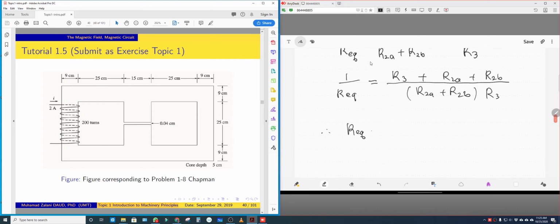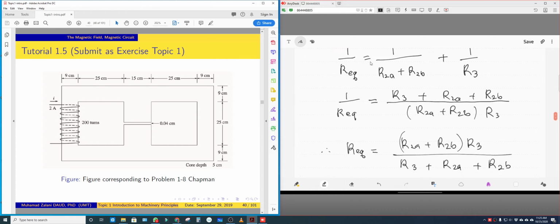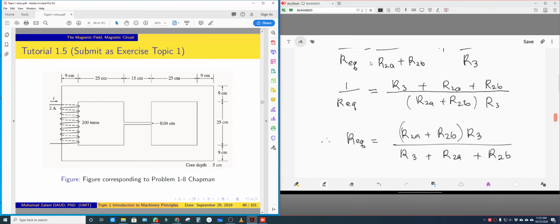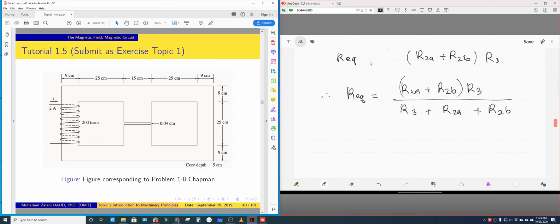Therefore, REQ, kita terbalikkan saja. Okay, REQ. Confirm dulu. Betul lah.